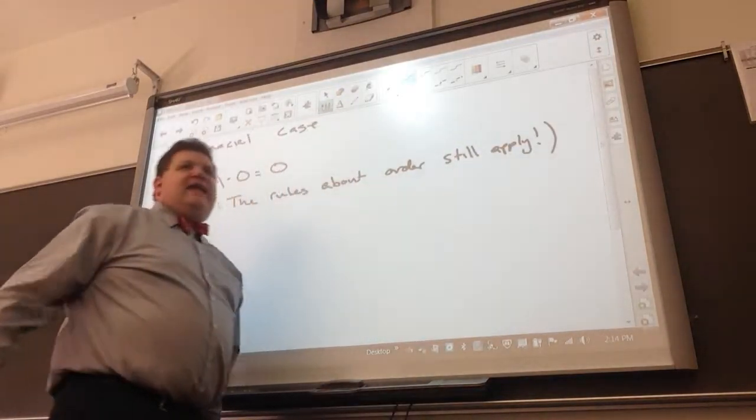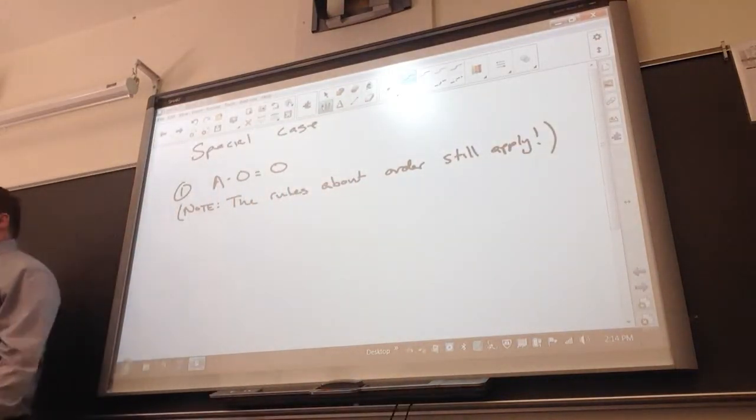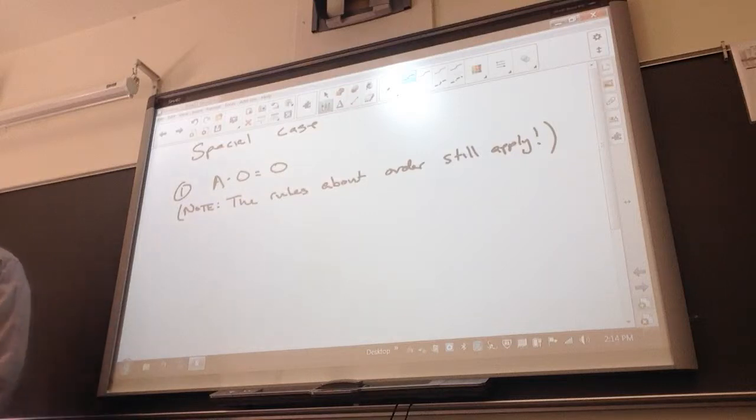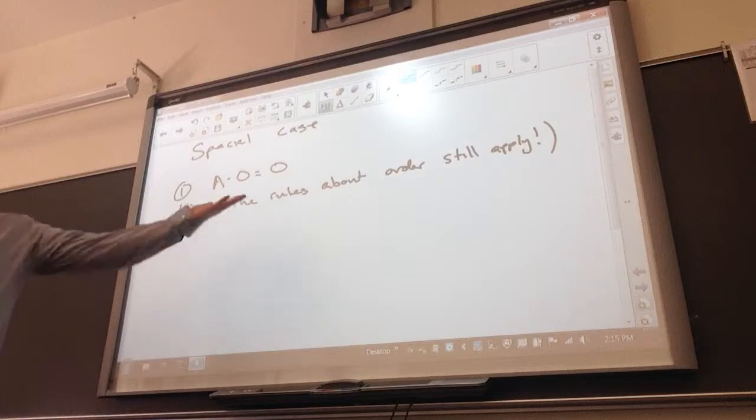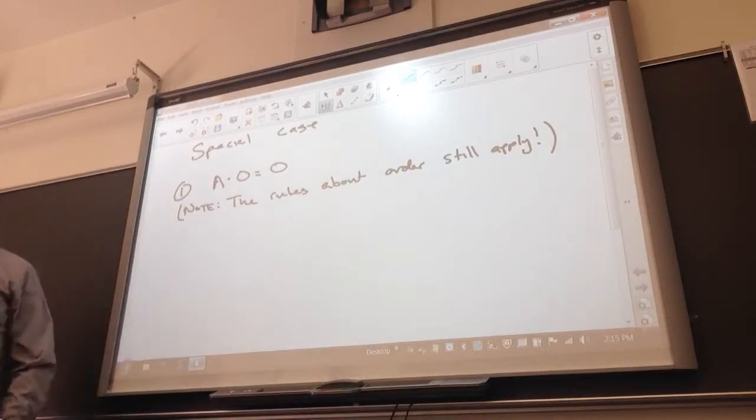So I can't just use any random zero matrix. I have to use a zero matrix that would work with matrix A. So matrix A has 2 columns. The zero matrix I use has to have 2 rows. But other than that, the result ends up being the same. Any questions there?